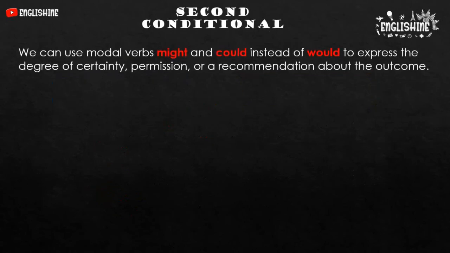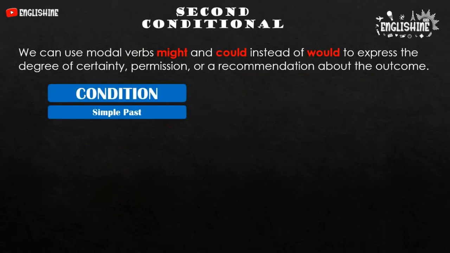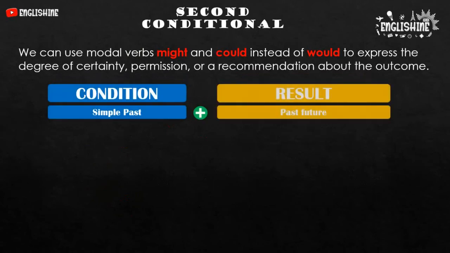In the second conditional, we can use the modal verbs might and could instead of would to express the degree of certainty, permission, or a recommendation about the outcome. Here are the examples. Remember, always have a condition in simple past, and the result in past future.